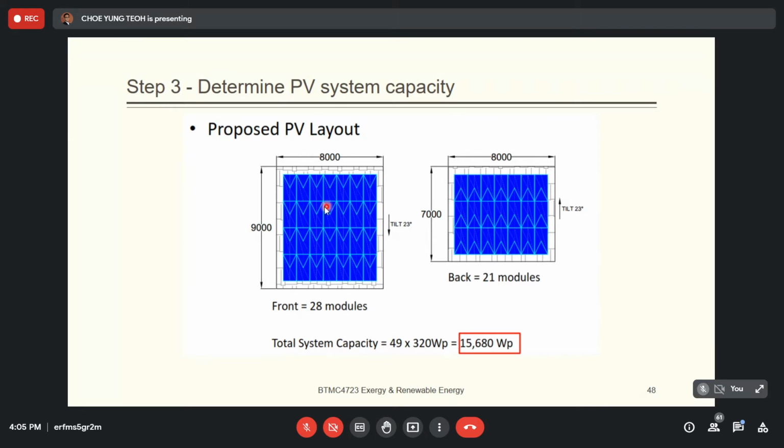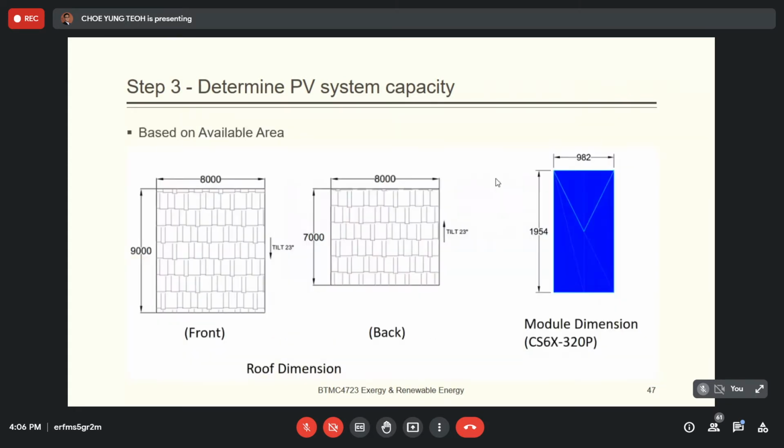You can see from here, we can put 28 modules in the front part of the roof and 21 modules at the back part of the roof. So in total I can have 49 pieces of solar module. Let's say one solar module can supply 320 watt peak.